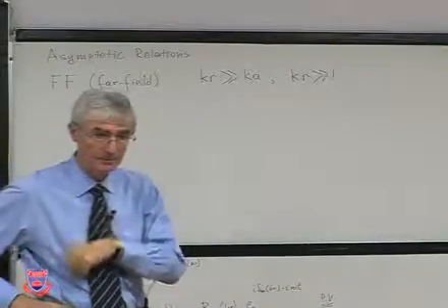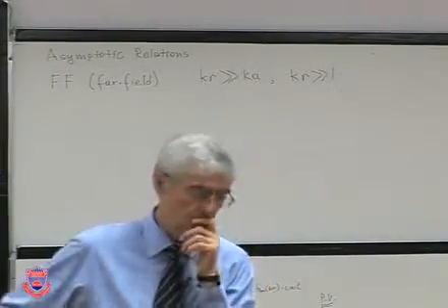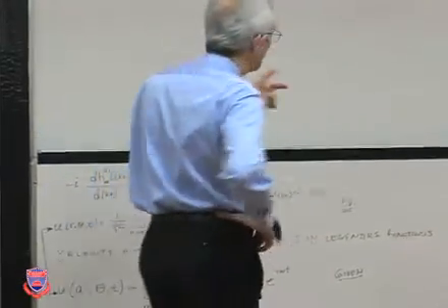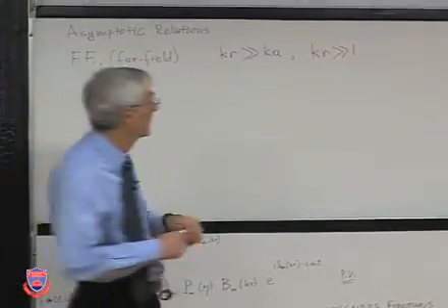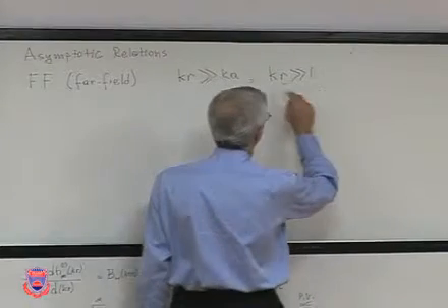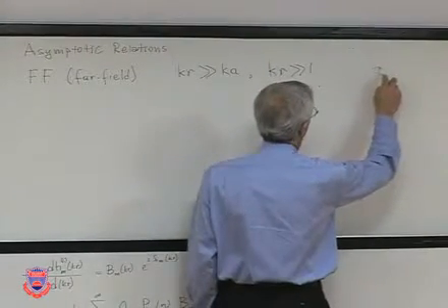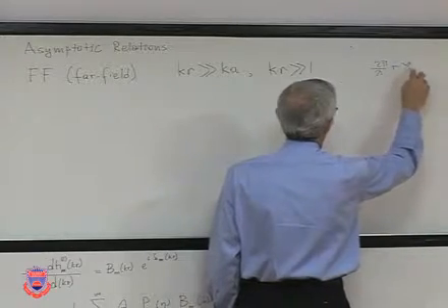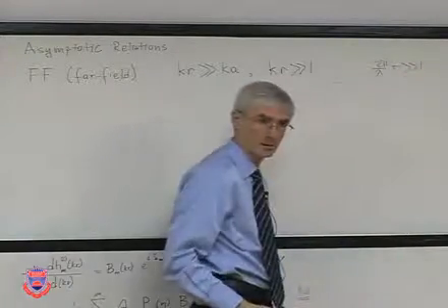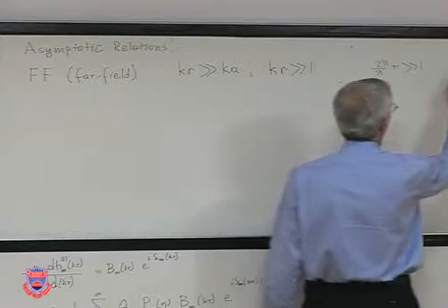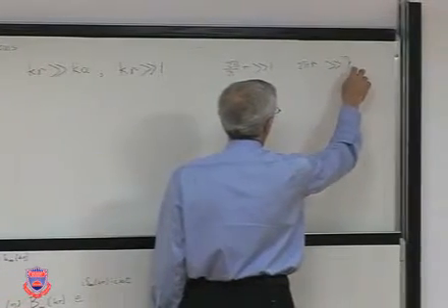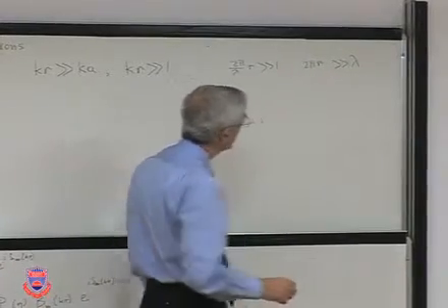Any ideas? Yes. Be larger than lambda. Ah, okay. That's exactly, yes. See, if you make a substitution for this, then you have 2 pi over lambda r is much larger than 1. And that really also says 2 pi r, right?